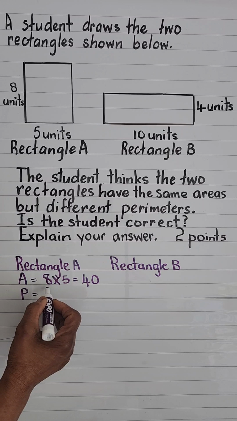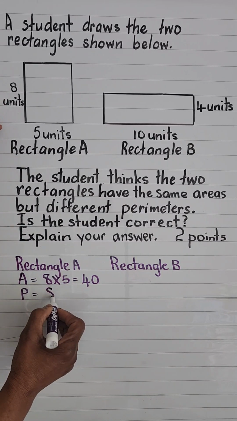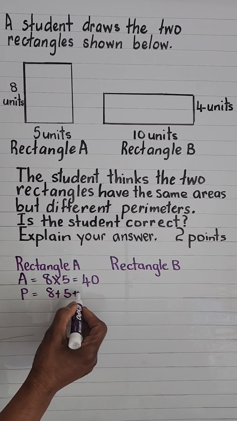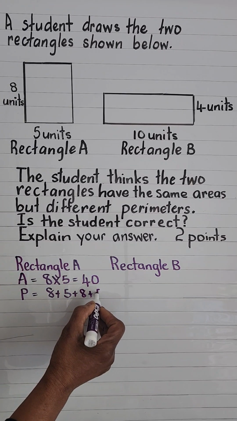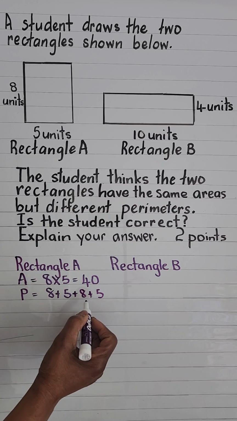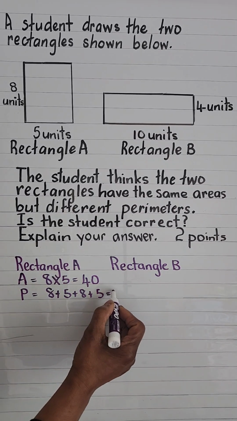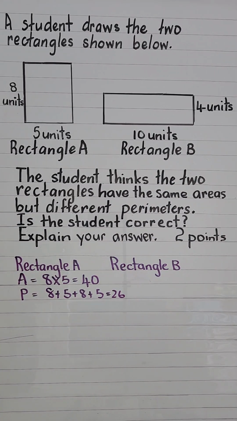But let's go around and add the sides. 8 plus 5 plus 8 plus 5, and that is 26. So area is 40 and perimeter is 26.